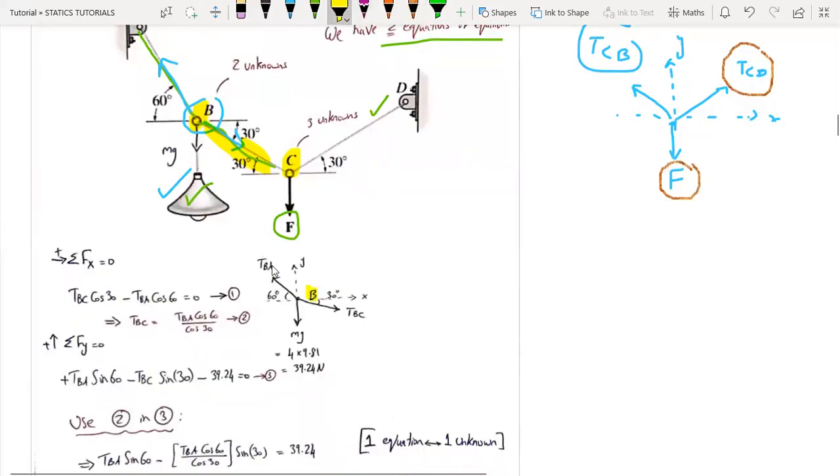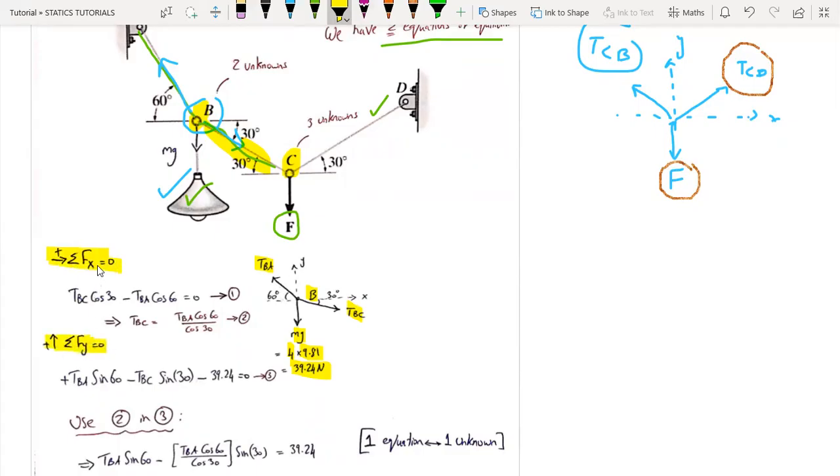So first of all, we took point B. We have the tension force in cable BA and the tension force in cable BC, and the weight of the lamp. The mass is 4 kilogram multiplied by g, and we get the weight to be 39.24 newtons. Now we can easily apply our 2 equations.